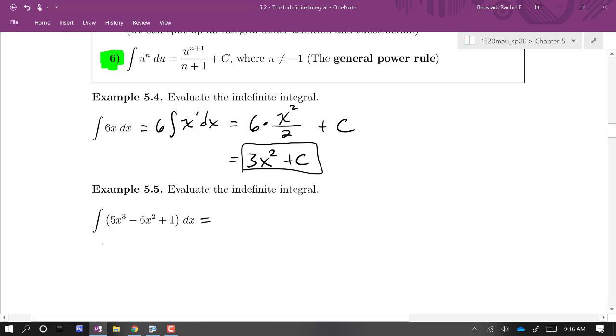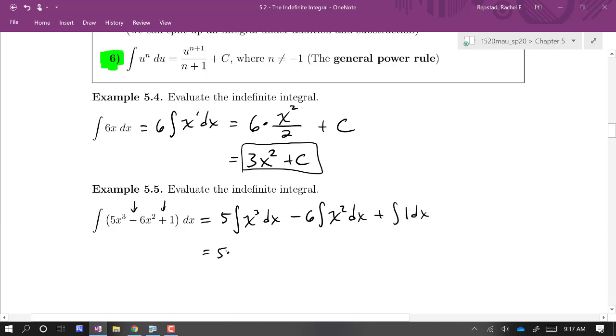All right, so here I'm going to use a couple rules. I'm going to split up this integral over addition and subtraction, and I'm going to pull out constant factors. So I've got 5 times the integral of x cubed dx minus 6 times the integral of x squared dx plus the integral of 1 dx.